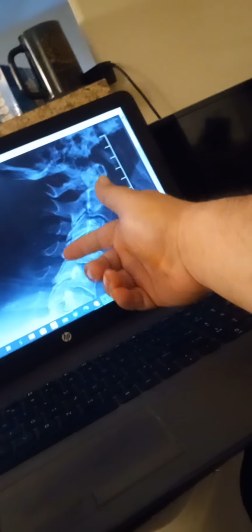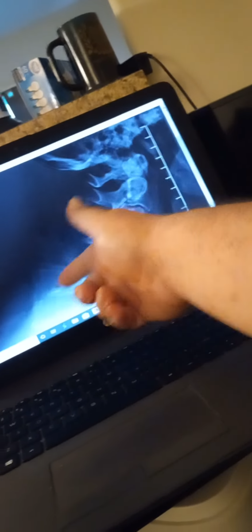So the question is, does any of this look abnormal? Like in Frankenstein. Especially this is the C3 and C4. This is the C2. There's a lot here. Now, here, you again get uniformity.